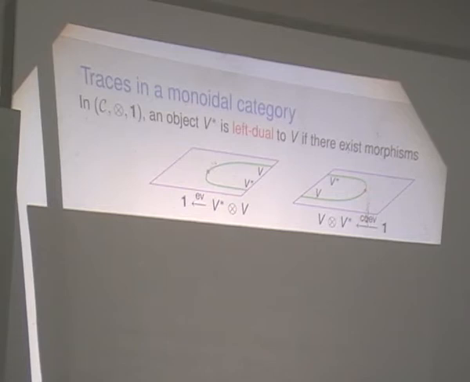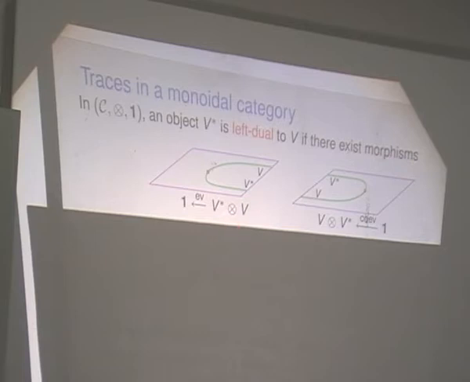So in particular, we've got the linear dual of a vector space. An important point of convention here: for historical reasons my morphisms tend to go from the right to the left, just to confuse you after that.